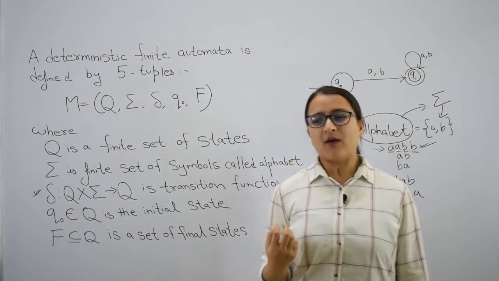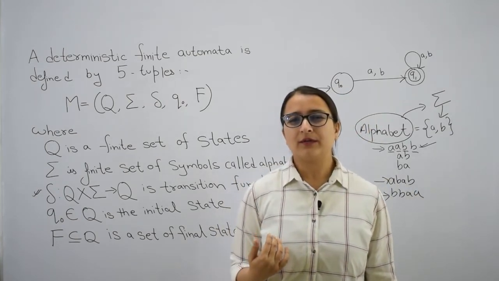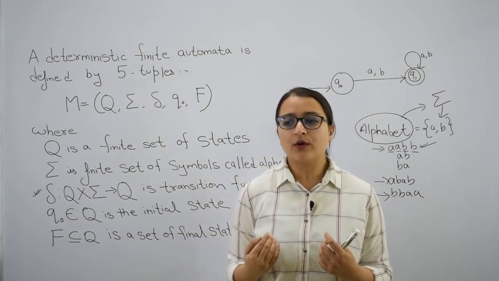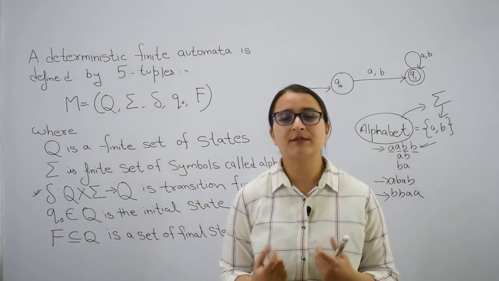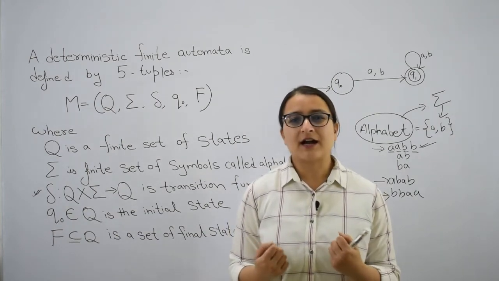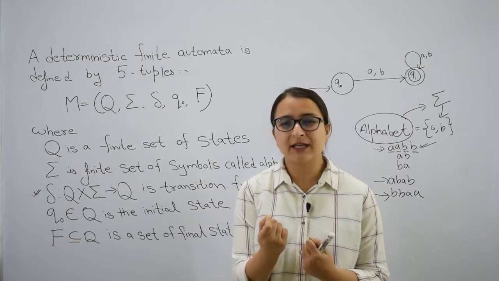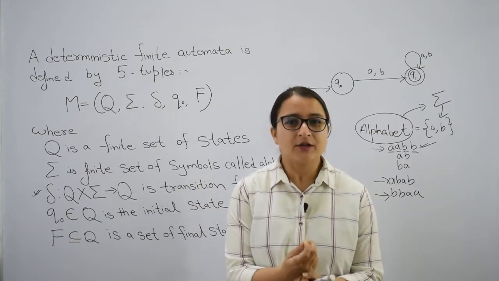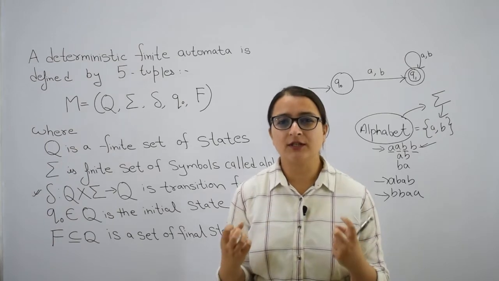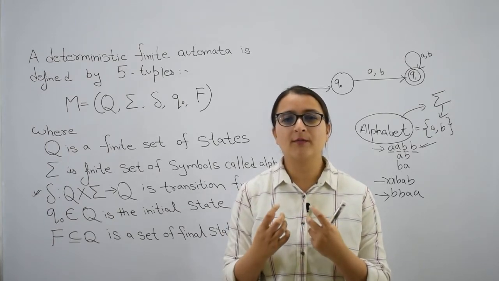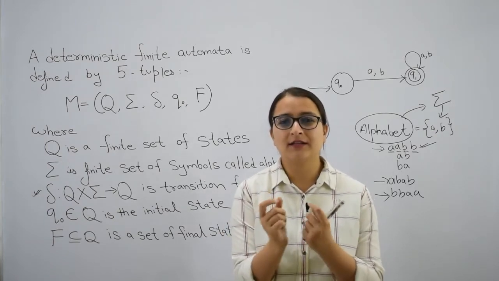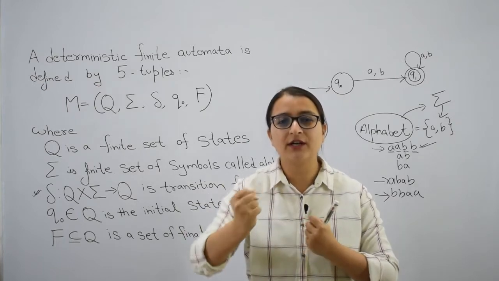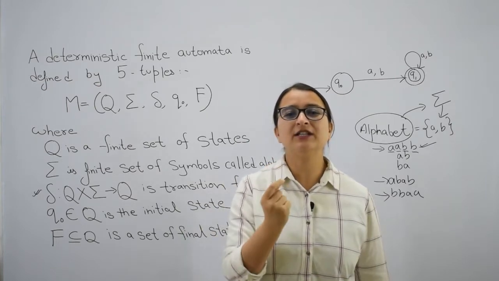Now very obviously you could think, when you want to start something, you start from somewhere. Everything starts from somewhere. Something is the starting point, right? So when you are trying to make a machine, you determine where things will start, where you will initiate the transitions, what will be the initial state.